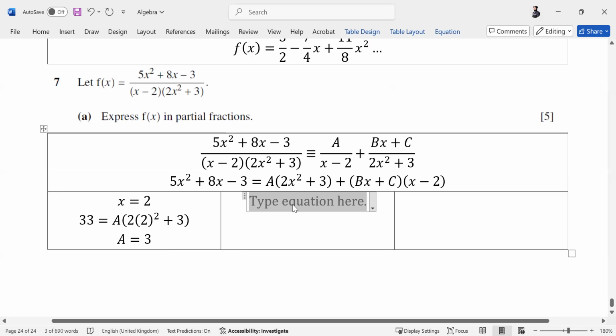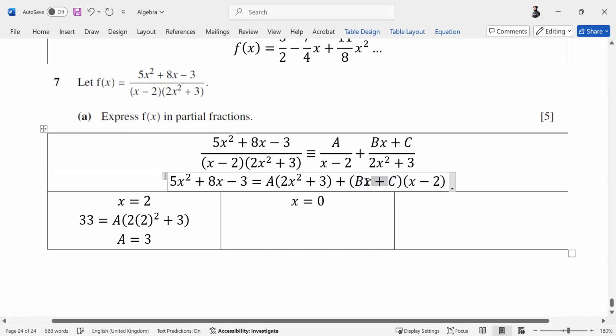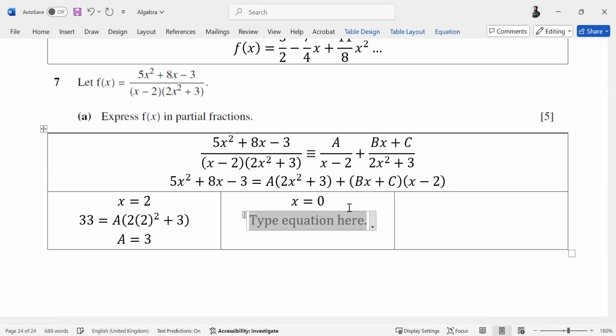Let's jump. कर सकते हो 0 because B eliminate हो जाएगा, right? Once I plug in x as 0, that will eliminate my B and will help me in getting the value of C. 0 put किया तो minus 3. A की value I know it is 3 and 3 in the bracket plus C is what I need to find and 0 minus 2 is negative 2.